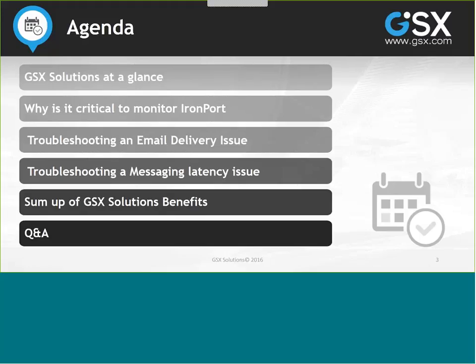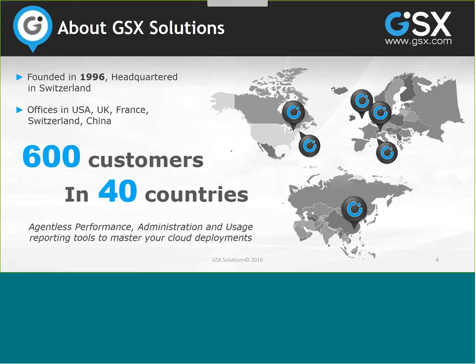So let's start by a few words about GSX. Maybe some of you already know us. It's now 20 years that we provide agentless monitoring for our customers. Our presence is a bit everywhere in the world. We have 2 offices in the US, 3 offices in Europe, and 2 other ones in the APAC region. We have now 600 customers, mostly large to very large, that rely on our product to monitor their infrastructure.